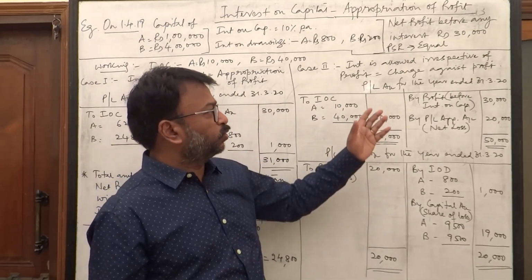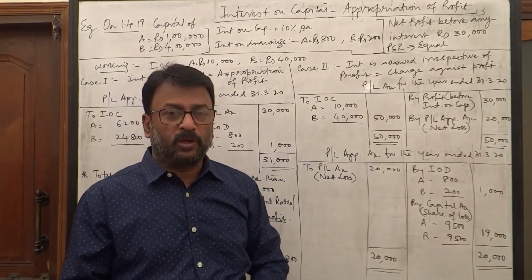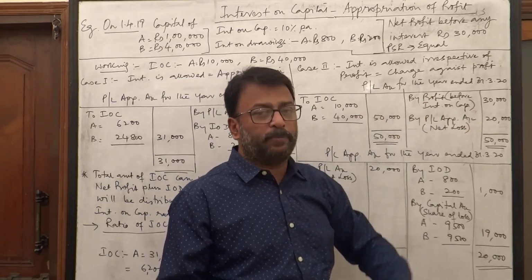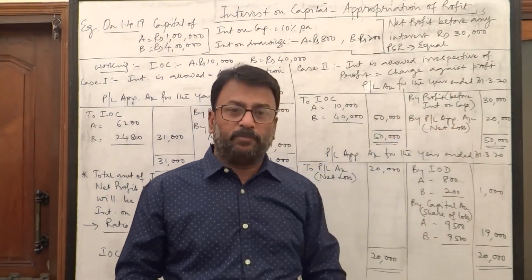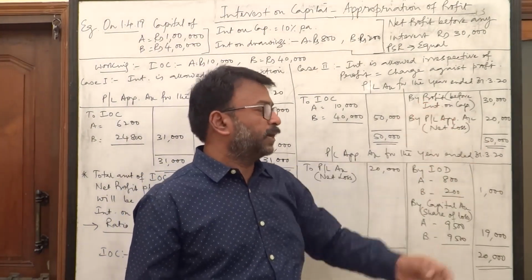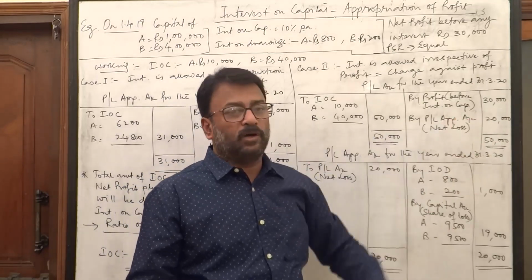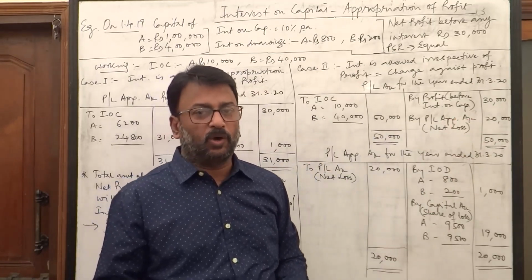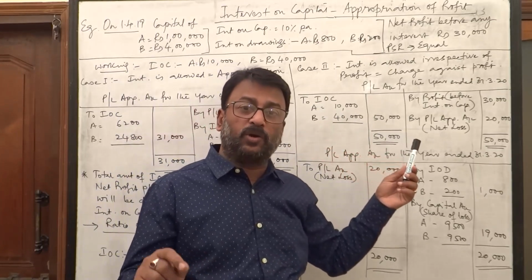And that is why you can check, first I have prepared PL account. In PL account you cannot write by PL account. So I have written by profit, and within bracket I have mentioned before interest on capital is 30,000 rupees. Now interest on capital is shown in profit and loss account as an expense.